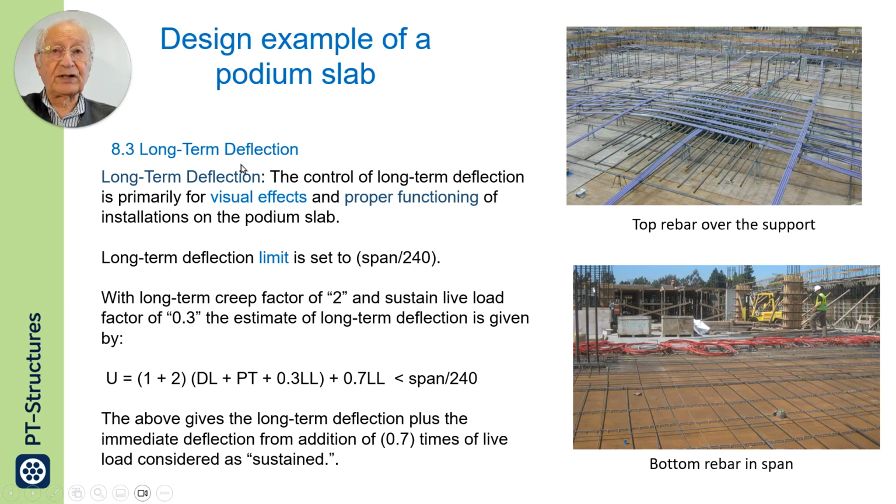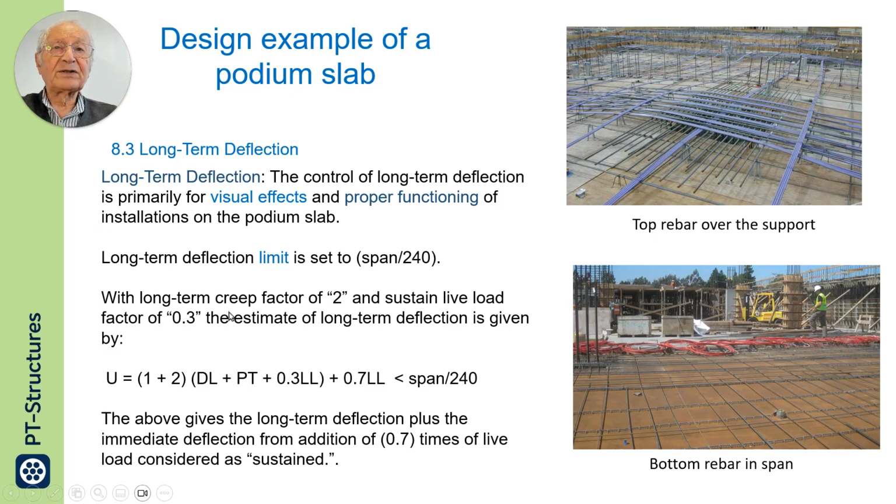Then we go to long-term deflection. We are still in serviceability check. Long-term deflection, the control of long-term deflection is primarily for visual effects and proper functioning of installations on the podium slab. Long-term deflection limit is set at span over 240.